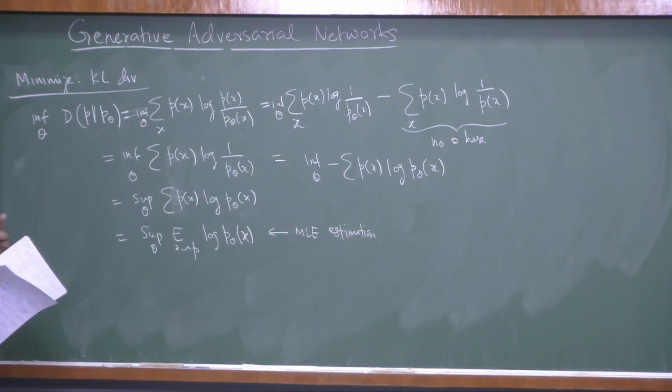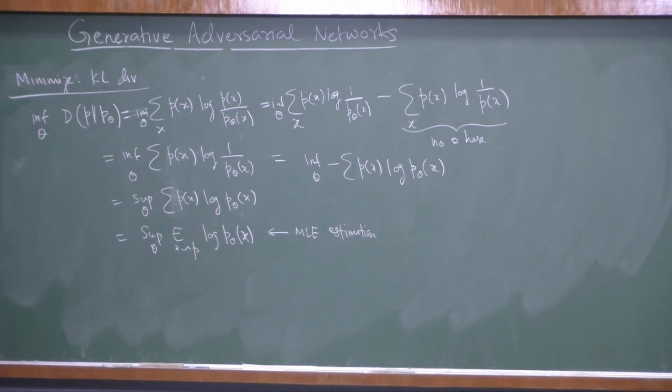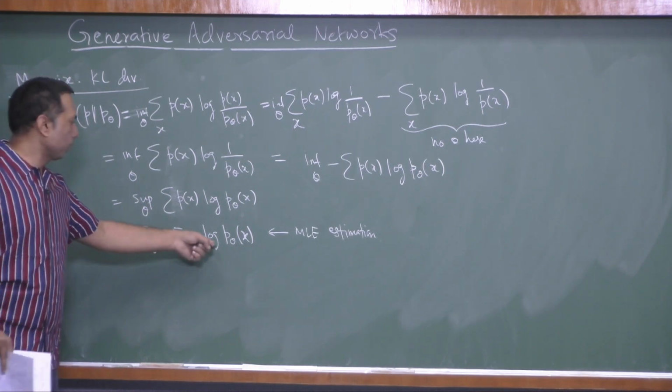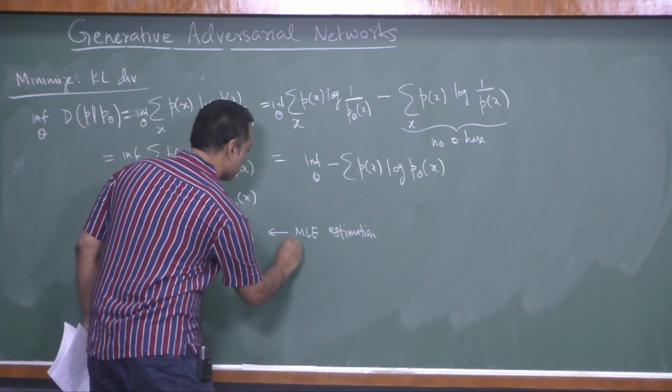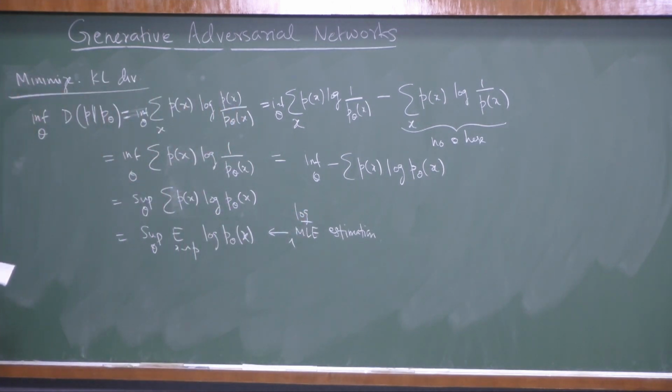Given a point x, we fit a model; you can think of this as log maximum likelihood, because we have a log also. We have done this in the MLE class. We had both variants, MLE and log, because log is an increasing function, so either I maximize p_theta or log of that, it will give me the same point. It's monotonic increasing. We have seen all this in the last class.